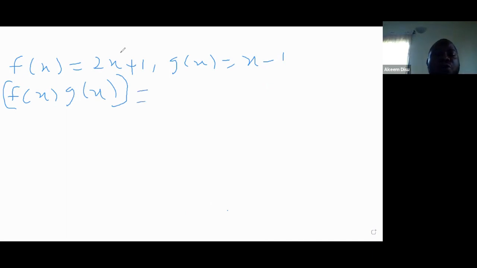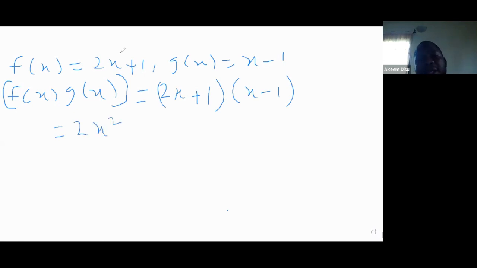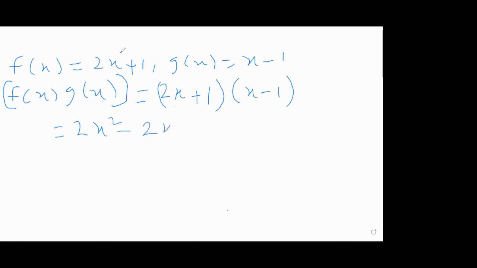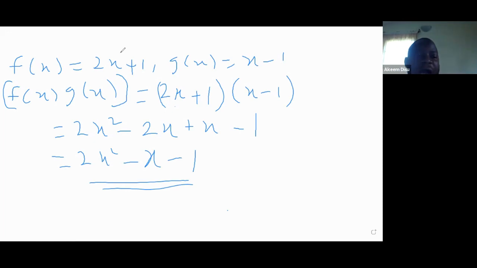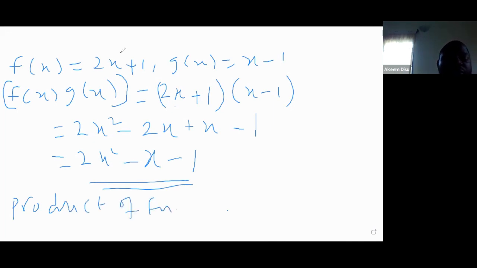So we have (2x + 1)(x - 1). Then we multiply out: 2x times x gives 2x squared, 2x times minus 1 gives minus 2x, 1 times x gives plus x, and 1 times minus 1 gives minus 1. Combining, we have 2x squared minus x minus 1. This is another function we get by product, called the product of functions.